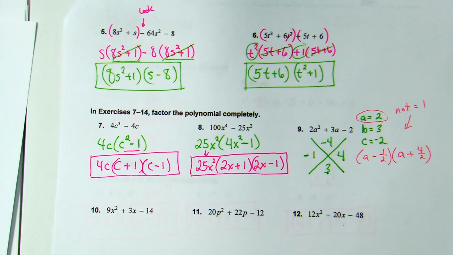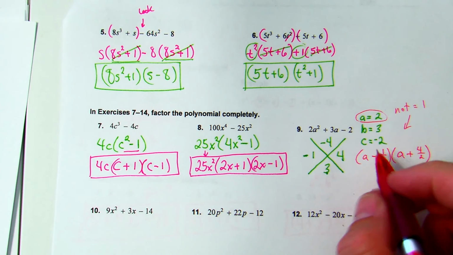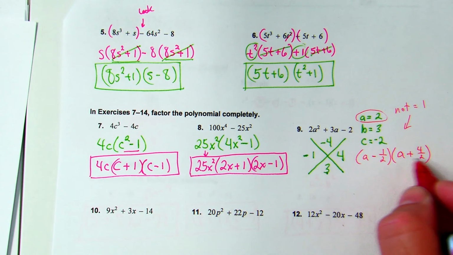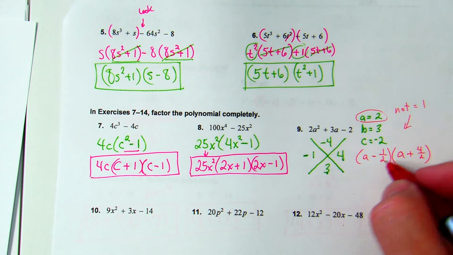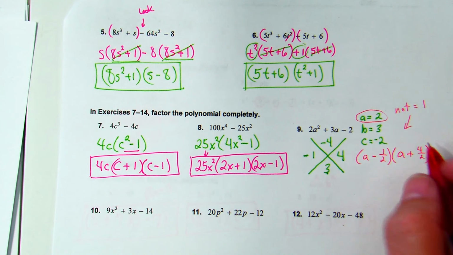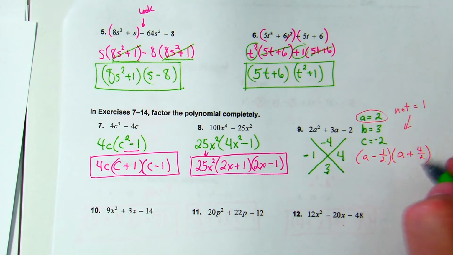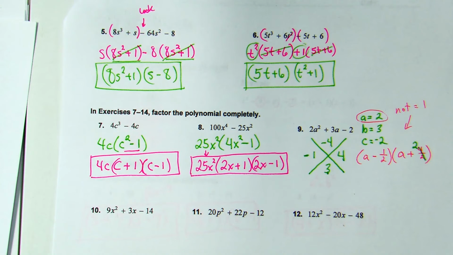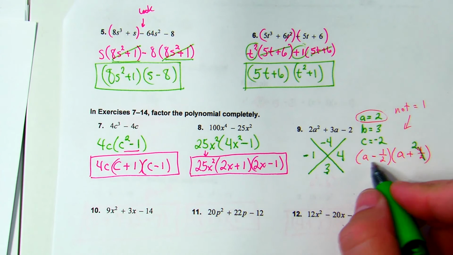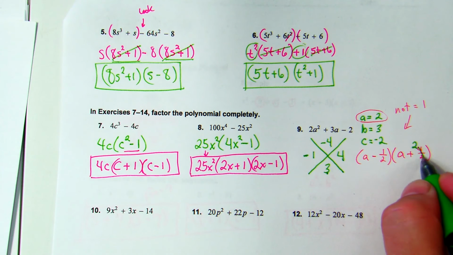All right, so we reduce these fractions as much as we can, or simplify them as much as we can. 1/2 is as far as it'll go, but 4 over 2 we can reduce to a 2. So that's reduced, so we don't have to worry about that fraction.